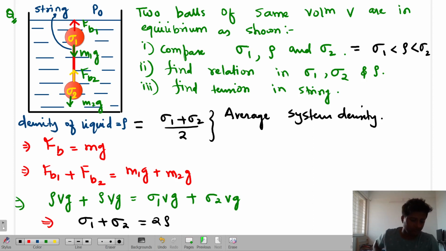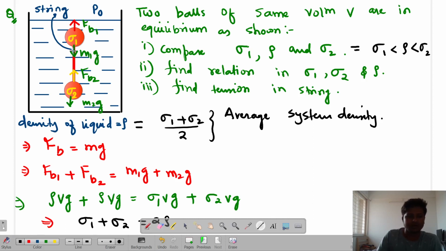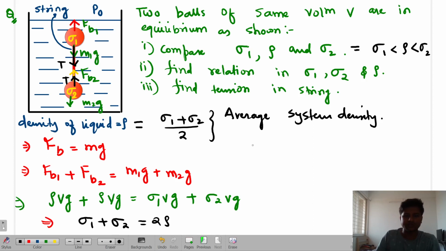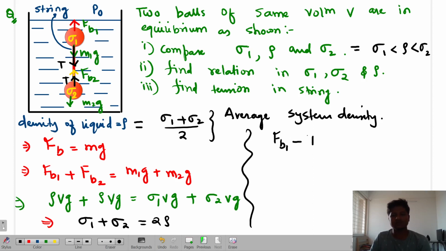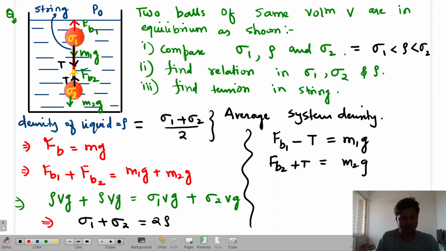Now I have to find the tension in the string. Look over here how the tension will work. For block 1, the tension is downwards. For block 2, the tension is upwards. They are equal and opposite, so they will cancel, but I can still write the equations. FB1 minus tension T is equal to M1g, and FB2 plus tension T is equal to M2g.